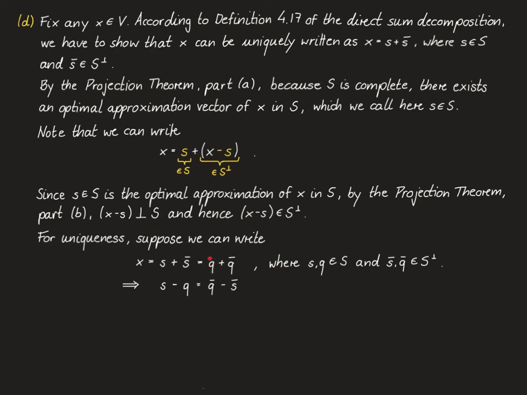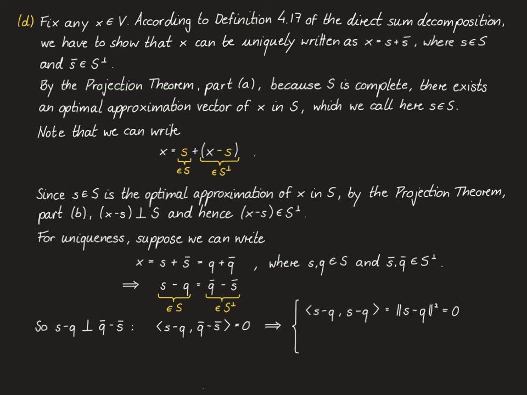Bringing q to the left side and s bar to the right side, we get that s minus q equals q bar minus s bar, where now the vector on the left-hand side is clearly an element of the subspace S, and the vector on the right-hand side is clearly an element of the subspace S perp. So the two vectors s minus q and q bar minus s bar are orthogonal to each other, which means that their inner product is equal to 0.